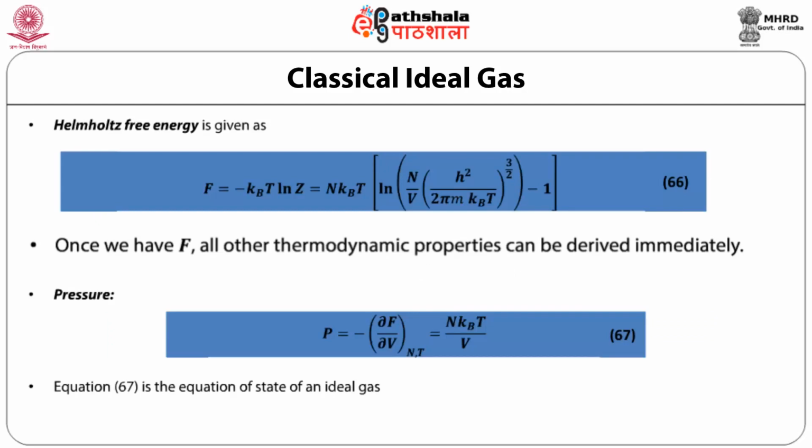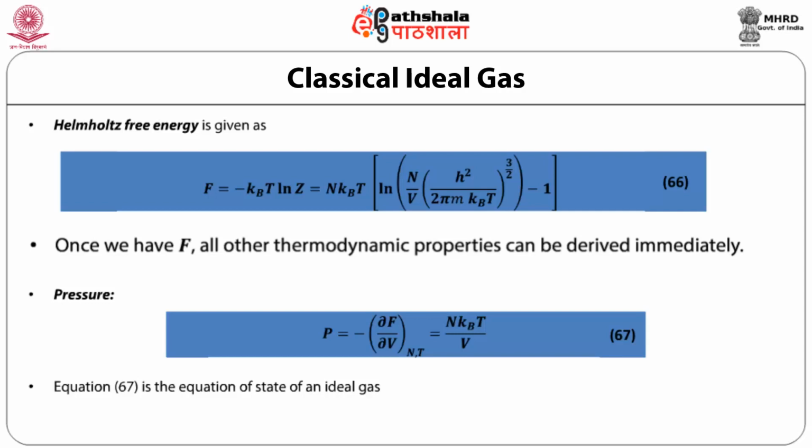Helmholtz free energy is given as F equal to minus k_BT log of the partition function, obtained as n k_BT within the square bracket log of n upon V, h square by 2 pi m k_BT raised to power 3 by 2, minus 1.